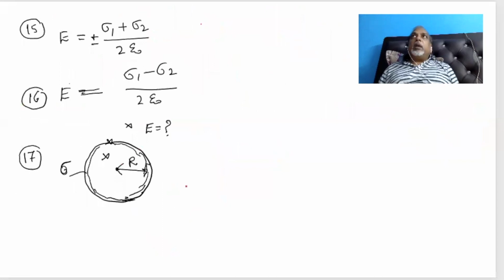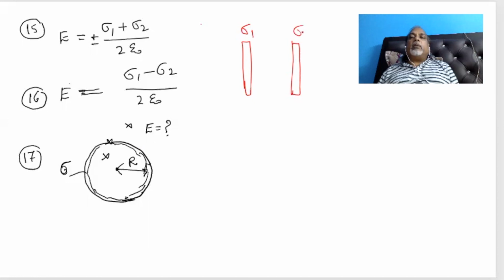Now let us see the case of a parallel plate capacitor, where parallel charged plates have sigma 1 and sigma 2.